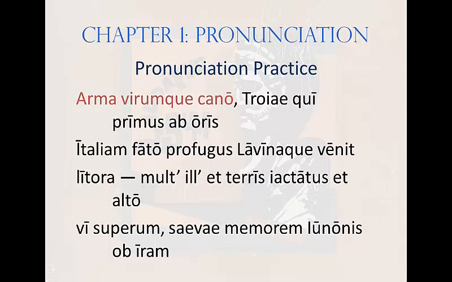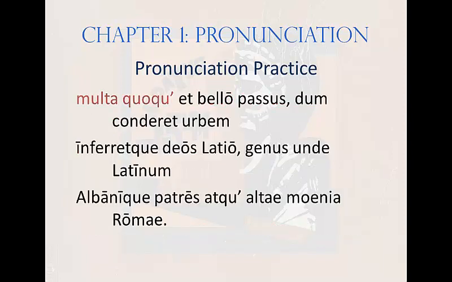Arma virumque cano, Troiae qui primus ab oris, Italiam fato profugus Lavinaque venit litora, multum ille et terris iactatus et alto vi superum saevae memorem Iunonis ob iram, multa quoque et bello passus dum conderet urbem, inferretque deos Latio, genus unde Latinum, Albanique patres atque altae moenia Romae.